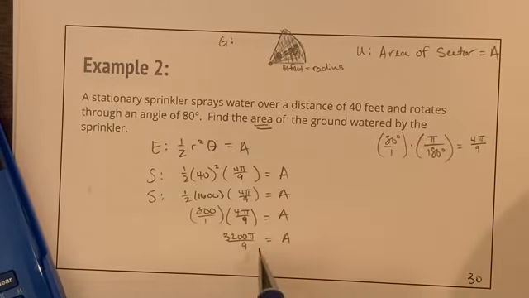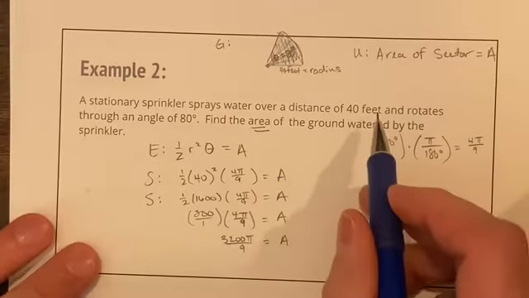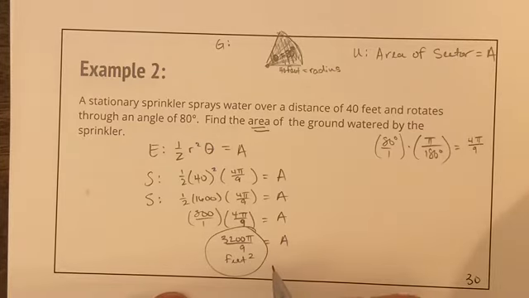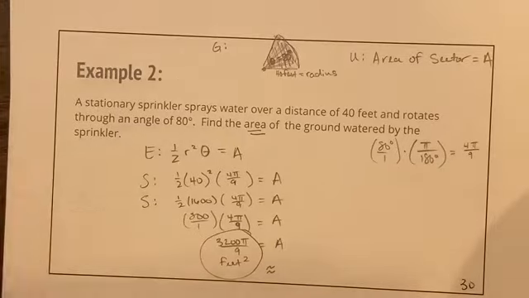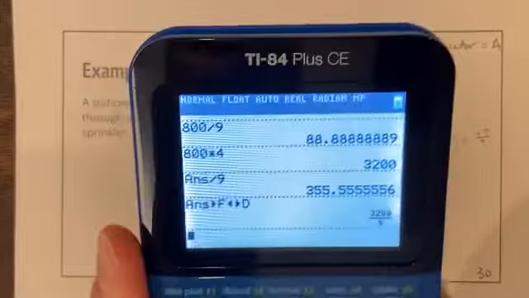So that's how we can leave our exact answer. Our area would be 3200 pi over 9 square feet. But that doesn't really make much sense if you're talking to somebody about area. So let's go ahead and approximate that to the nearest tenth.